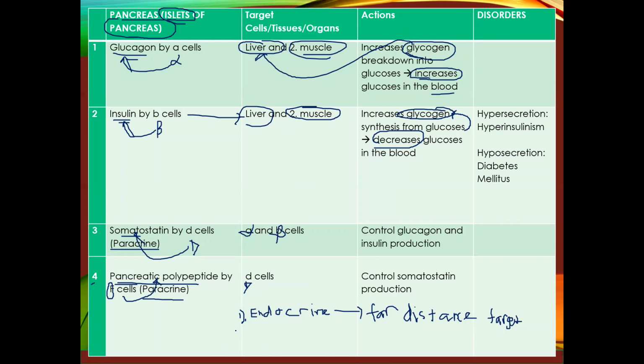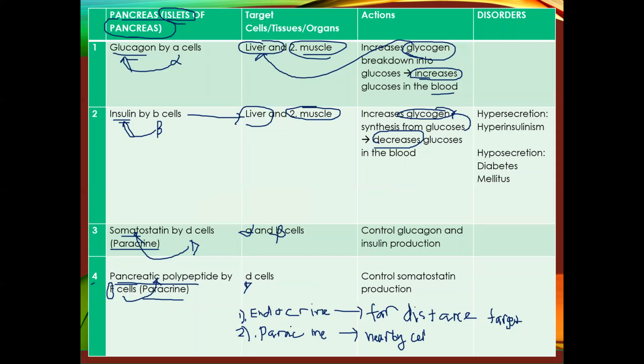Okay, the second type of hormone based on the target is called paracrine. Okay, so paracrine means the target is actually a nearby cell, or neighboring cell.